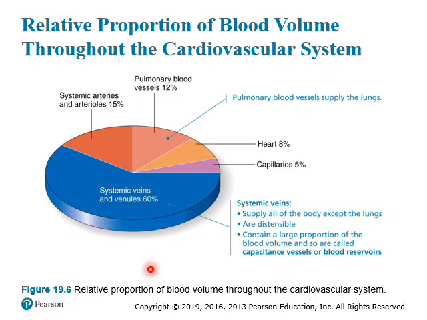You could take a look at it. The systemic arterioles carry only 15% of it. The pulmonary blood carries 12% of our blood. The heart carries 8%. Capillaries have 5%. And the rest, the 60%, is carried by the veins. And that's the reason why they're called the blood reservoir or the capacitance vessels.